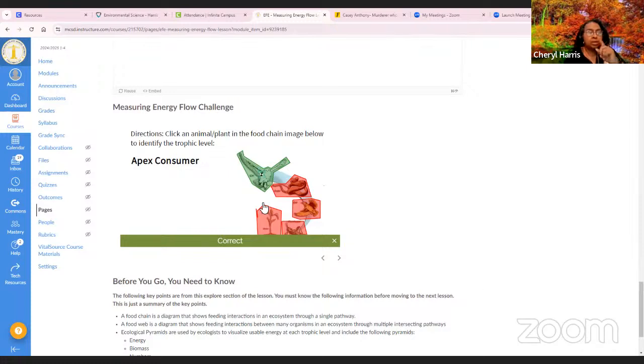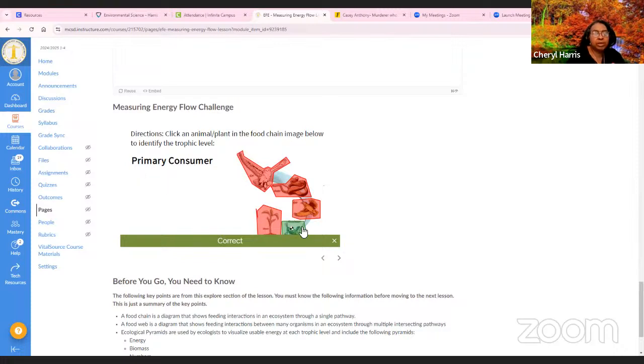All right, so go through this, click through the food chain image below and identify the thing that is in green. So you would have clicked on, and mine seems to be already highlighted, the word they're looking for is apex consumer. So that would be your owl. And then if we go to, mine is already highlighted, so hopefully you did yours as well.